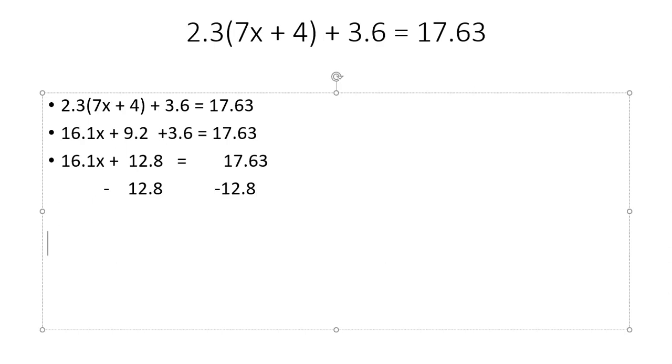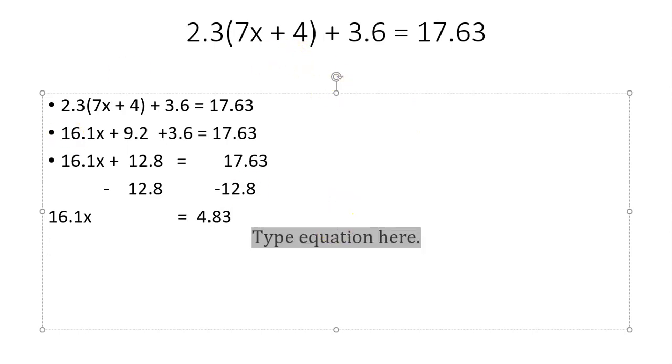We're left with the 16.1x on this side, 12.8s are gone, and 17.63 minus 12.8 is 4.83. So our final step is going to be to divide both sides by 16.1.